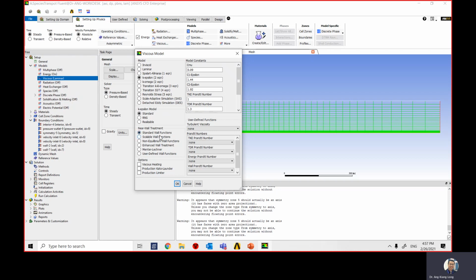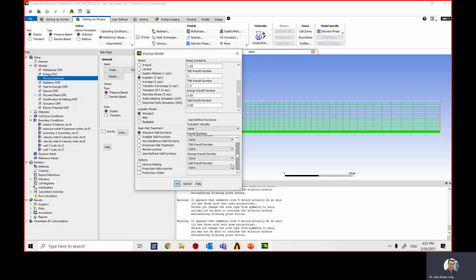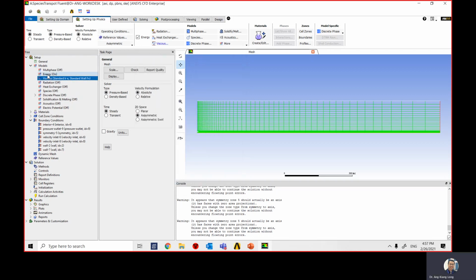Near wall treatment, we use the standard wall function. The rest, we use the default values over here. Once we're done with the viscous model, click OK. So over your models, you will see the energy equation is on, and for the viscous, we have the standard K epsilon, and we are using a standard wall function for our model.